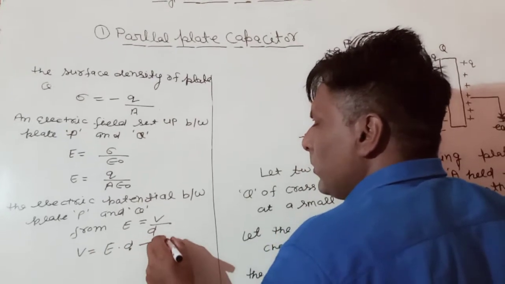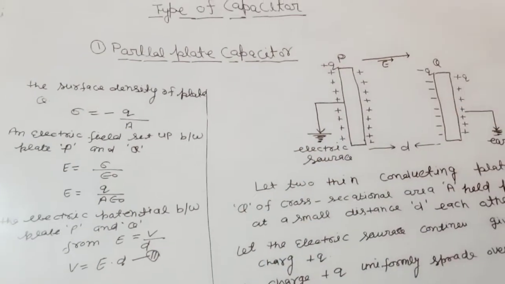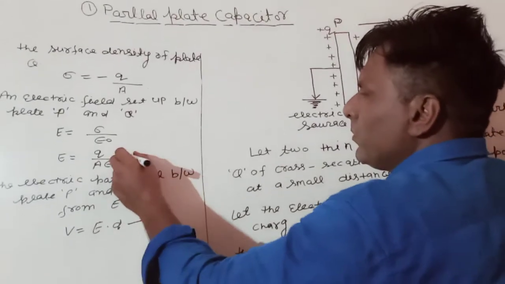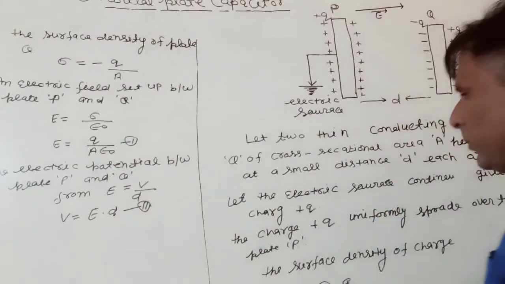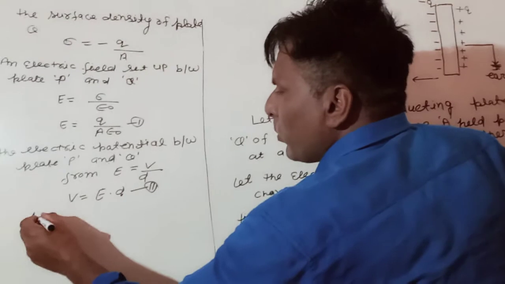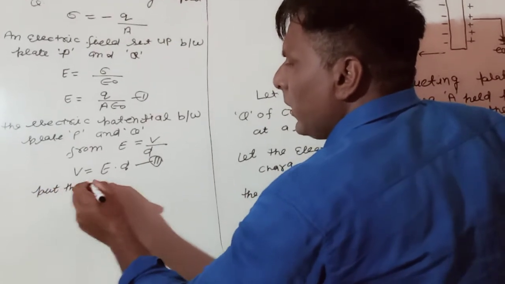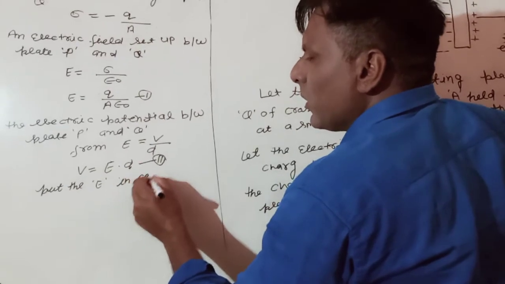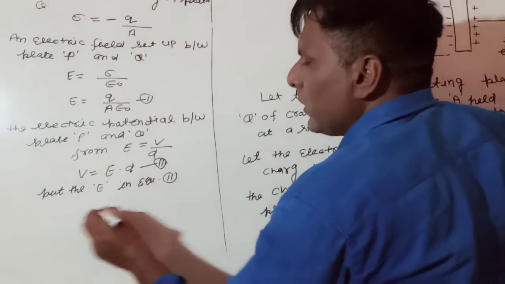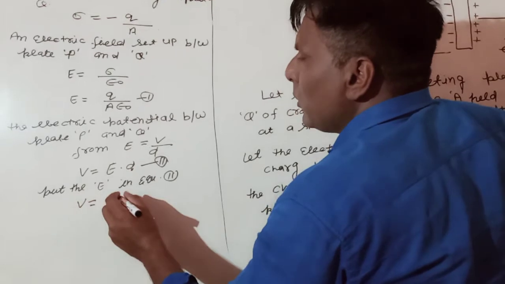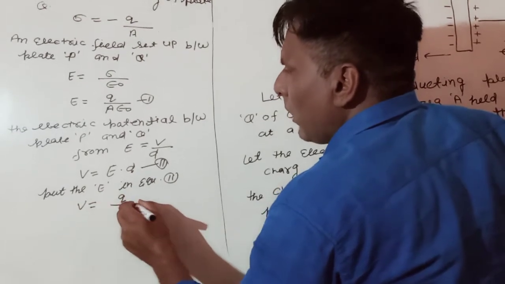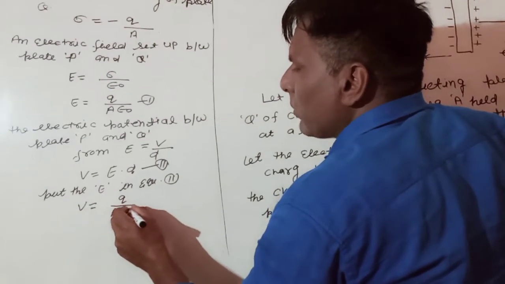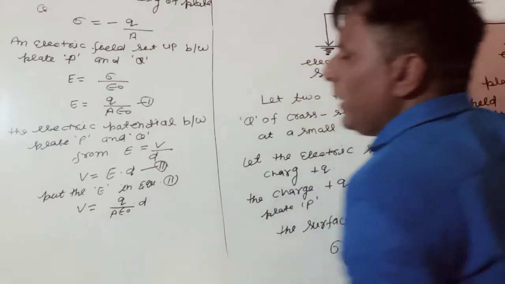Take this as equation 2. Put the value of E in equation 2, we get V is equal to Q upon A into epsilon naught into small d.